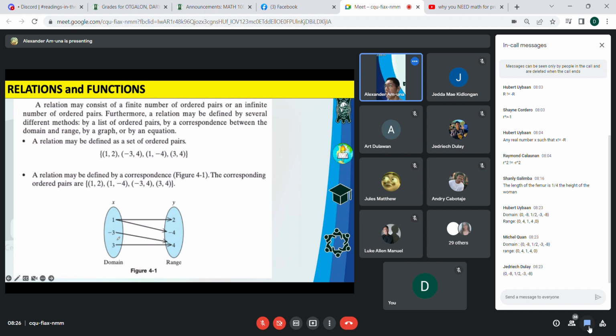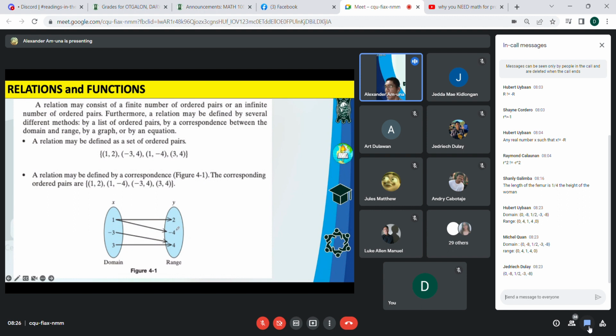Right. So in a relation, we consider the set of ordered pairs, and it may be defined in what we call the correspondence. Okay, so just like this, for example, 1 is paired with 2 and it is also paired with -4.